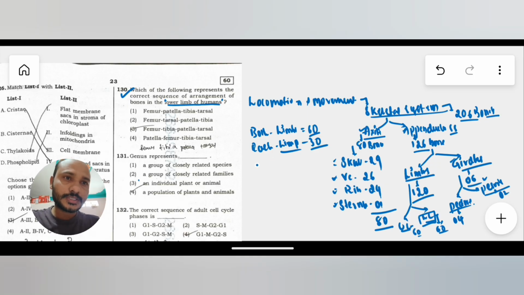First is the longest and strongest bone in the human body, the femur bone.